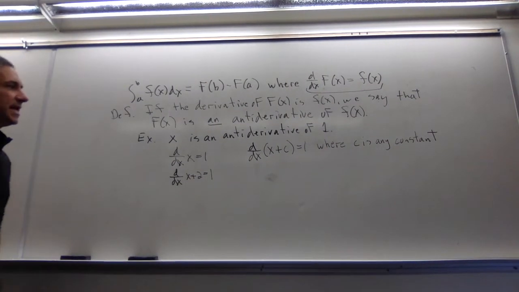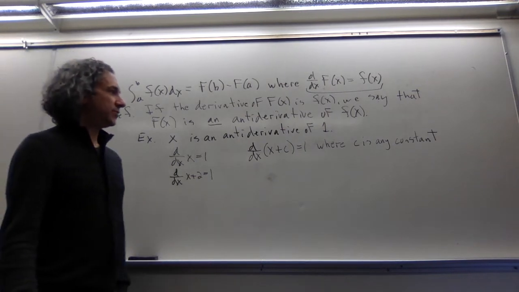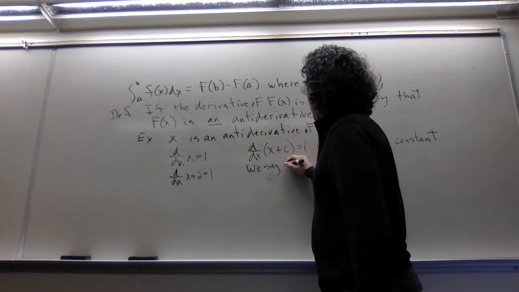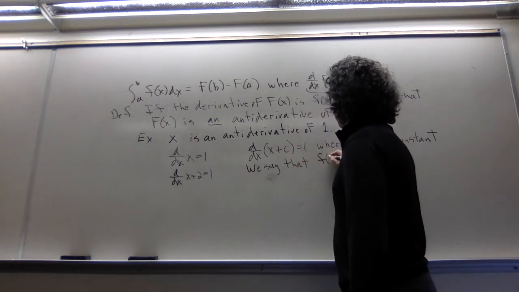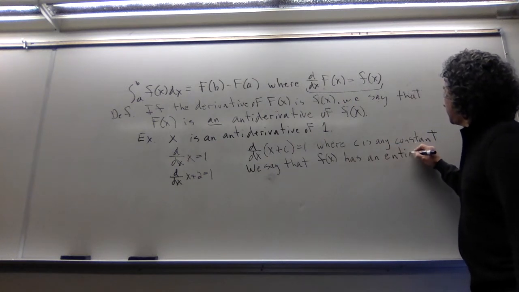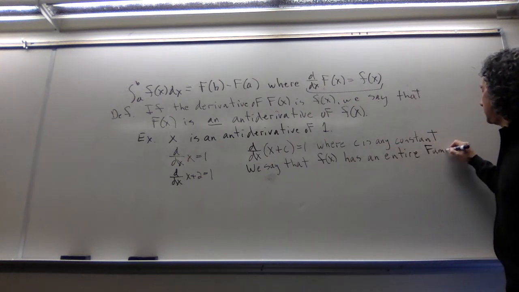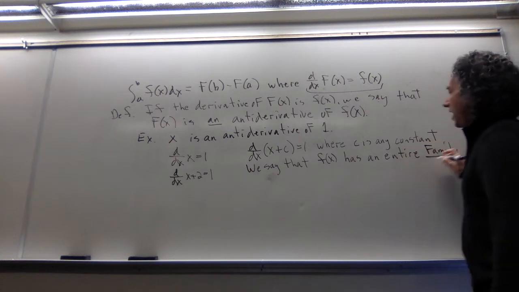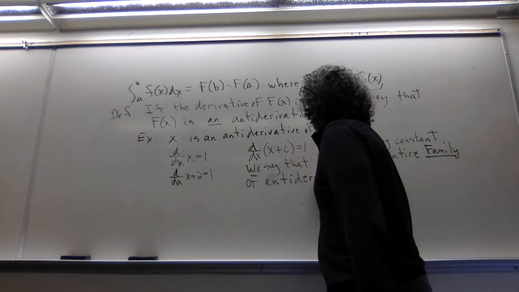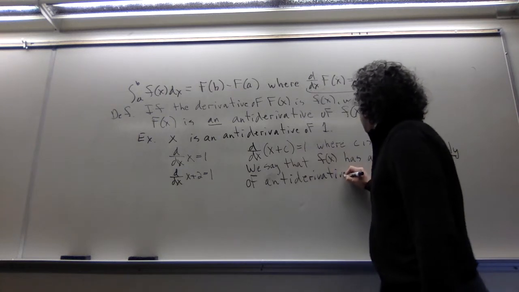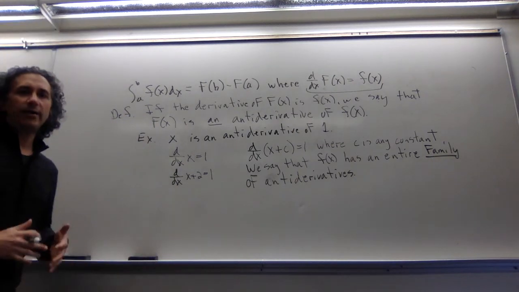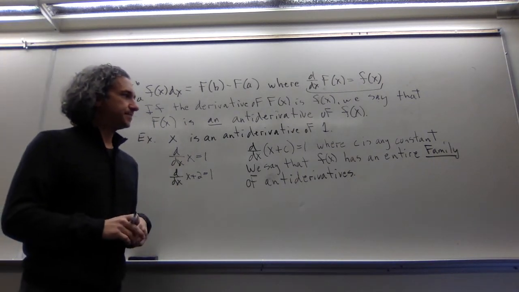So instead of saying that there is one antiderivative, we say that little f of x has an entire family of antiderivatives. So it's not just one function, but an entire family of antiderivatives.